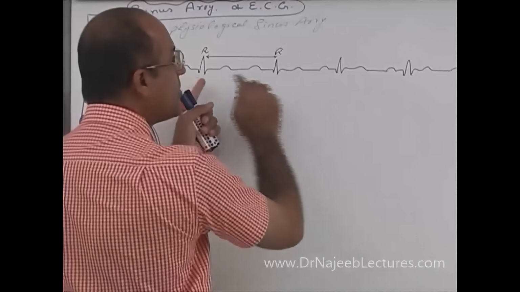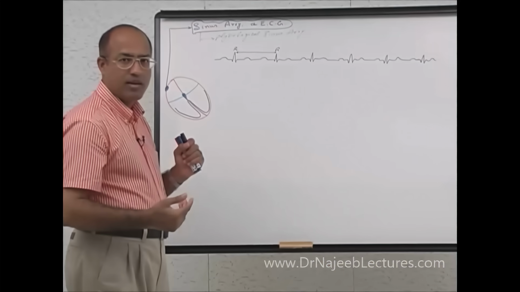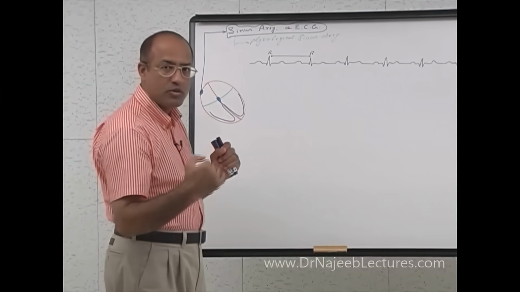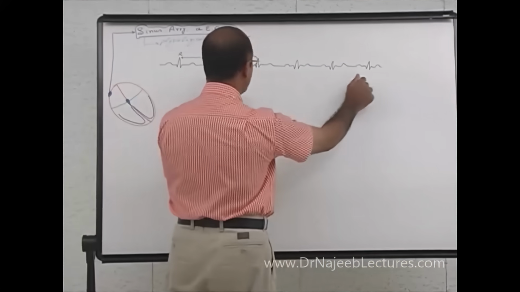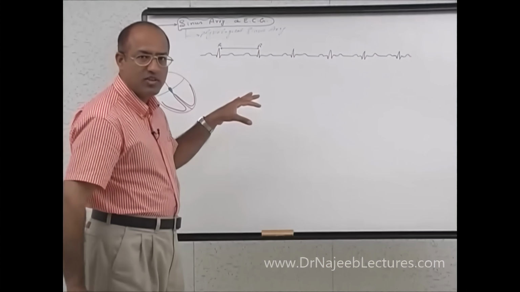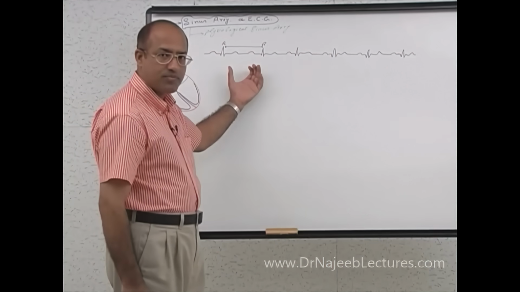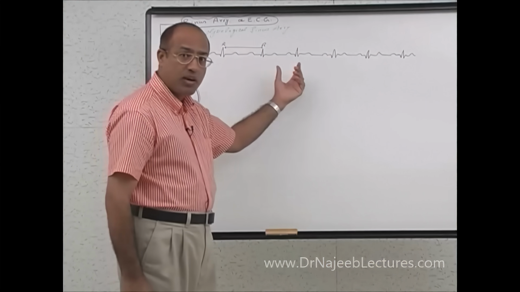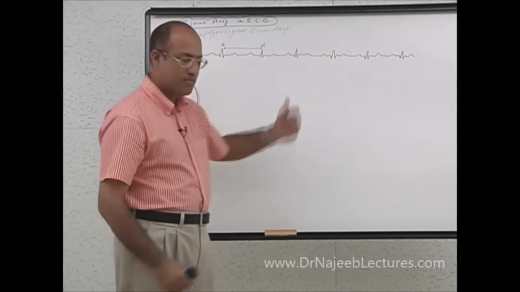In a smaller time, there will be more complexes. But during expiration, when vagal influence becomes more and heart rate goes down, R to R distance will become more, right? So if you look at the ECG and R to R distance regularly becomes shorter, that must be during inspiration, and when it becomes regularly slightly increased, that will be expiration, right?